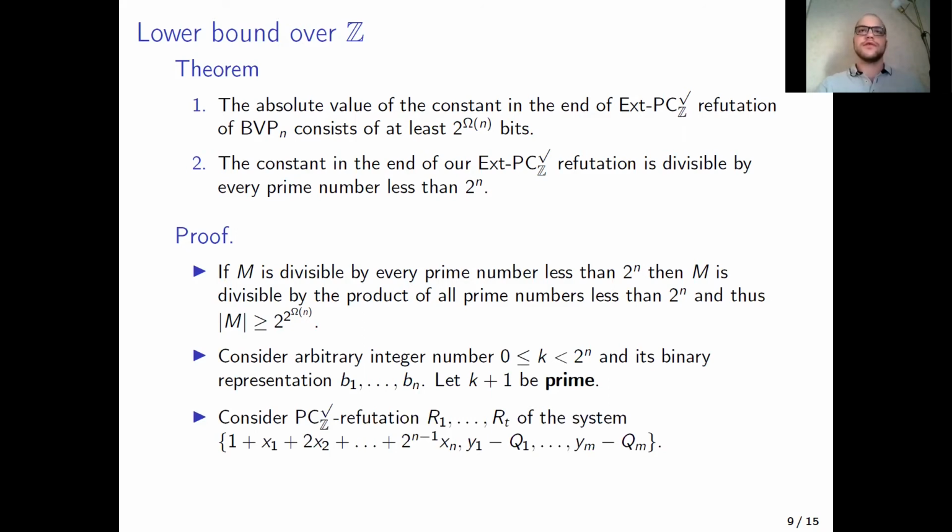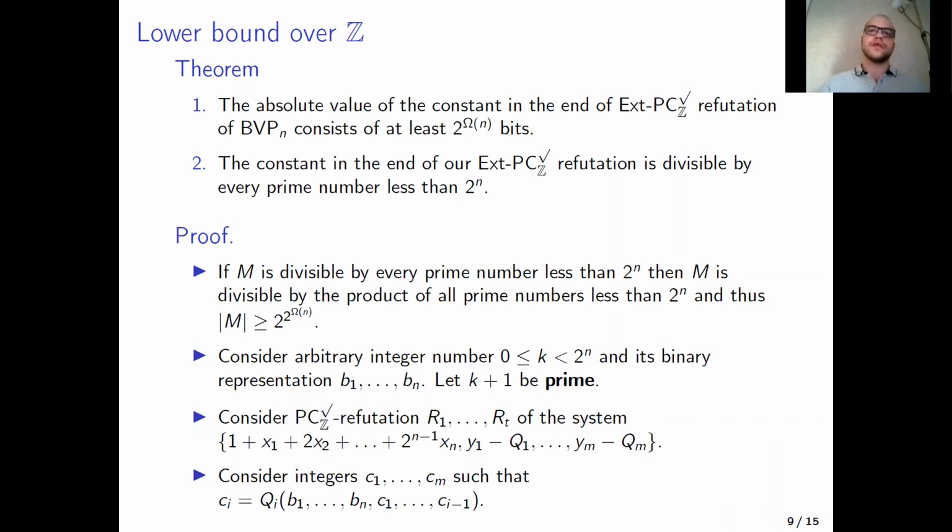Then we know that there is a polynomial calculus with square root refutation in which we have new variables y1, etc., ym. Then we would like to substitute some integer values into variables y1, etc., ym, such that the polynomials y minus q would be zeros for all y's.